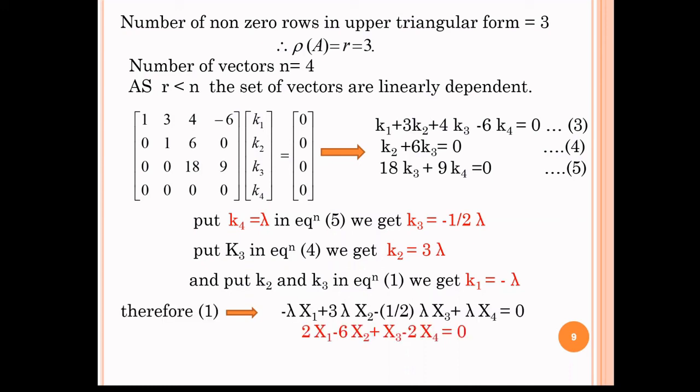So from equation 1 that we have at the start of the example, k1 x1 plus k2 x2 plus k3 x3 plus k4 x4 equal to 0, substituting the values of k1, k2, k3, k4 in it, we get this particular relation 2x1 minus 6x2 plus x3 minus 2x4 equal to 0, which is the required relation between the vectors.